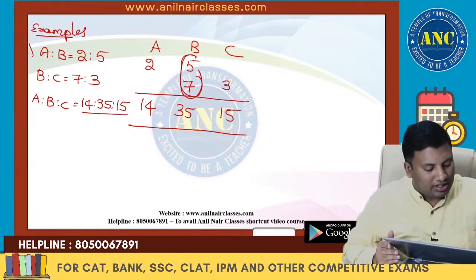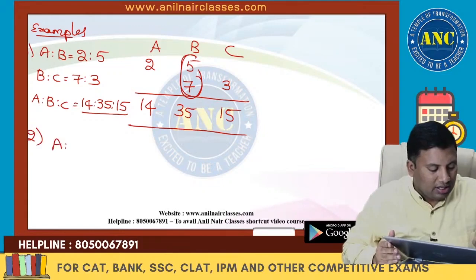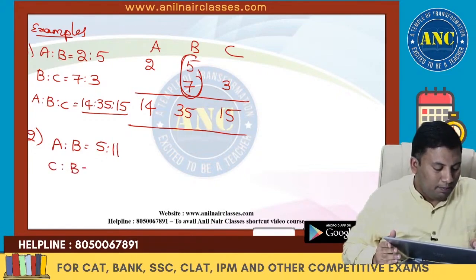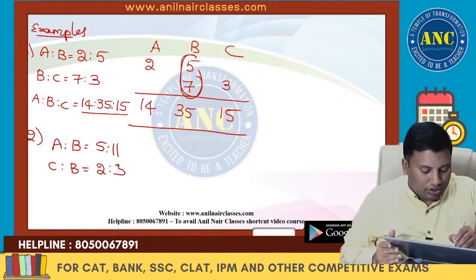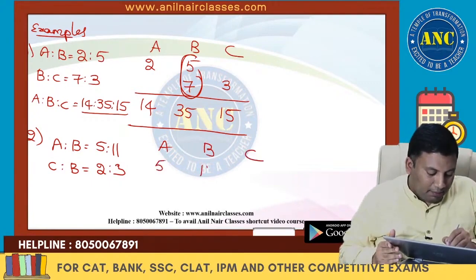Make one value same. Suppose A is to B, it is 5 is to 11. C is to B, it is 2 is to 3. So A, B and C: A is 5, B will be 11.